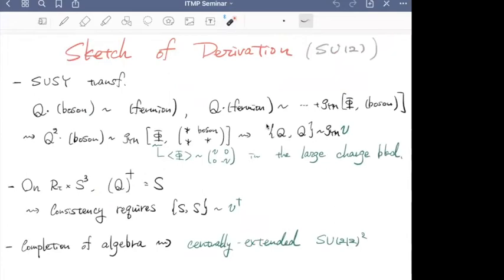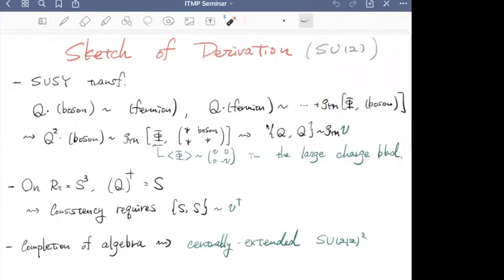Let's recall the SUSY transformation of N=4 super Yang-Mills, or more generally N=2 superconformal field theory. As we all know, if you act with supersymmetry on the boson, you get a fermion, and if you act with supersymmetry on the fermion, you get a boson. But on top of that, in the gauge theory, you also get this term, which is given by the commutator between the scalar field and the boson, and it comes with g_YM.